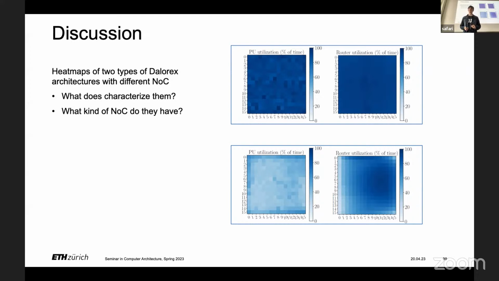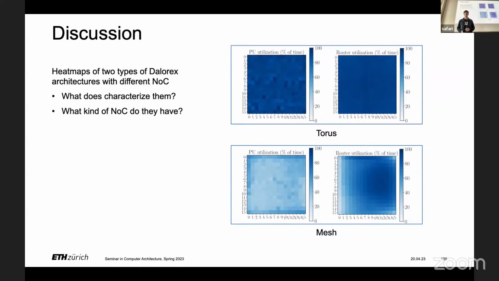So you can deduce that the one above is going to have a torus network on chip. This allows you not to have any contention inside the network, so everything is more distributed. If you have to send a result of a computation from a processing tile to another processing tile, you don't have to pass in the middle of the chip, because there is no actual middle of the chip. You can simply find another route.